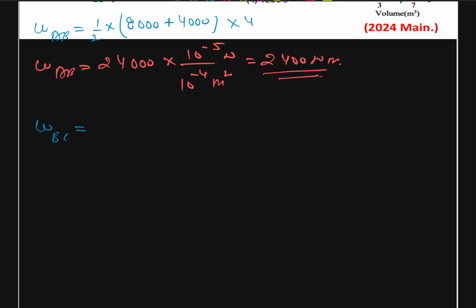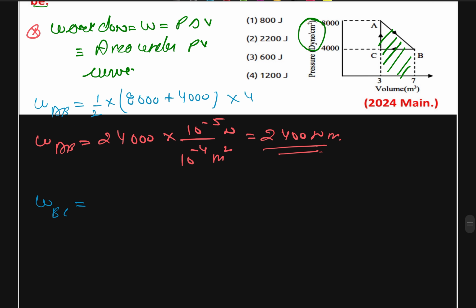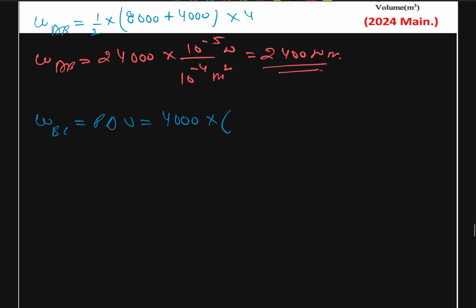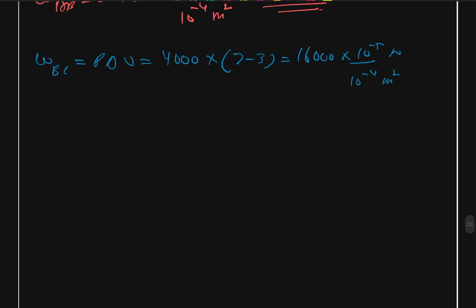For BC, basically pressure is constant, so we can directly use P delta V. So P is 4000 multiplied by 7 minus 3, which will be giving us 16,000, and once again 10 raised to power minus 5 Newton and 10 raised to power minus 4 meter square, and once again this will be giving me WBC is equal to 1600.